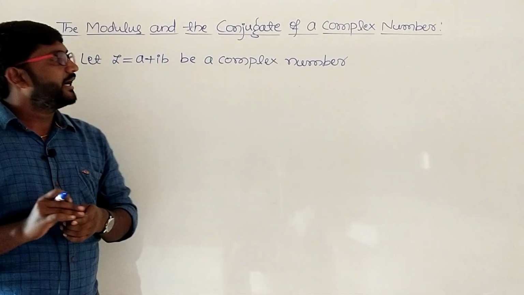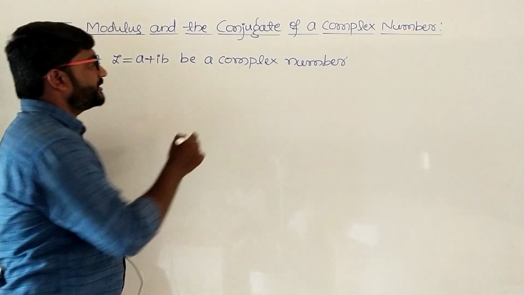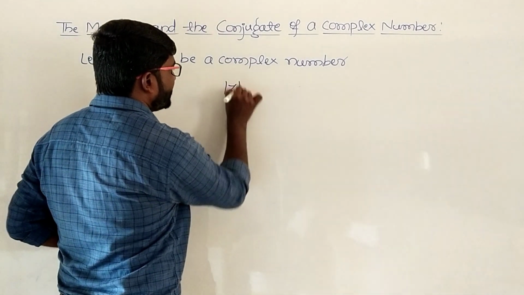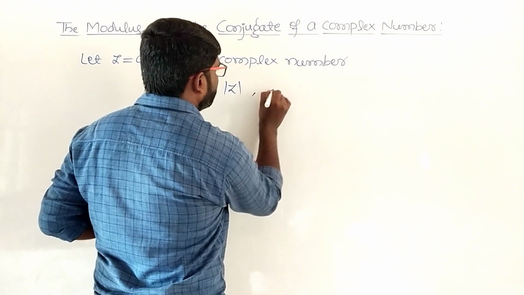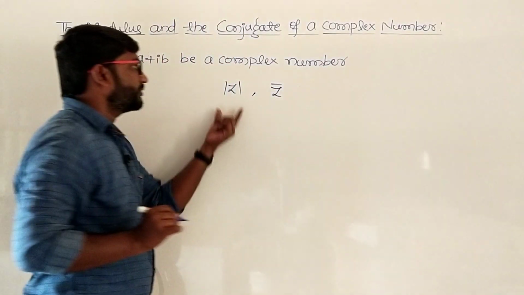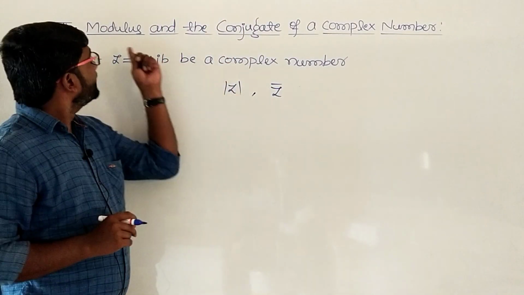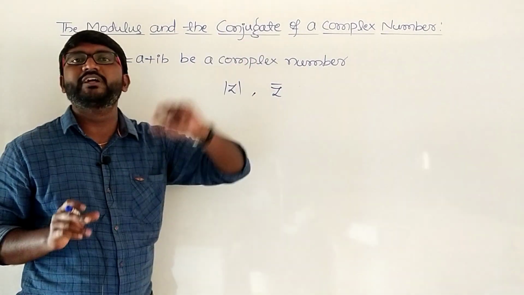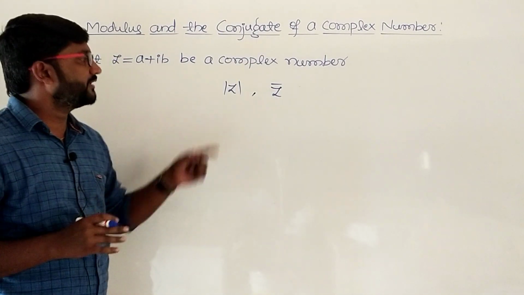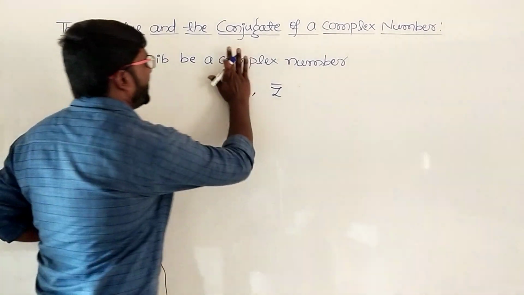Is that clear? And here we represent the modulus of a complex number by mod z and the conjugate of a complex number by z bar. So what is modulus of z here? It is the modulus of the given complex number, and z bar is going to be the conjugate of a complex number. For this we have the standard formula.